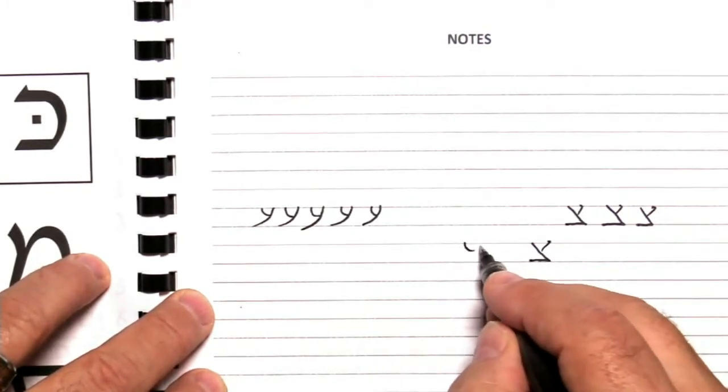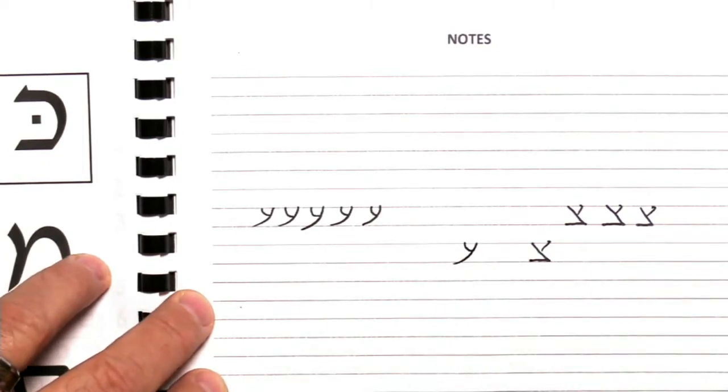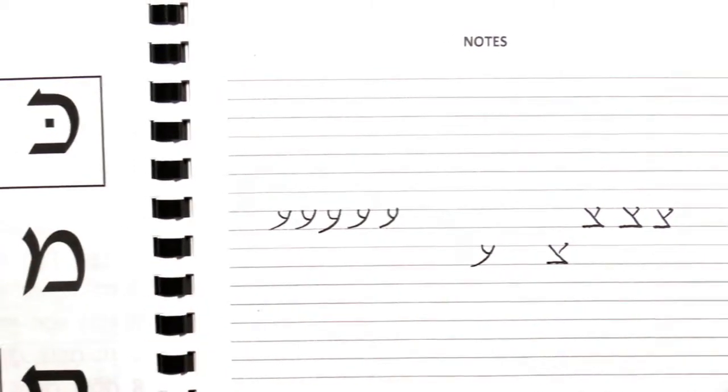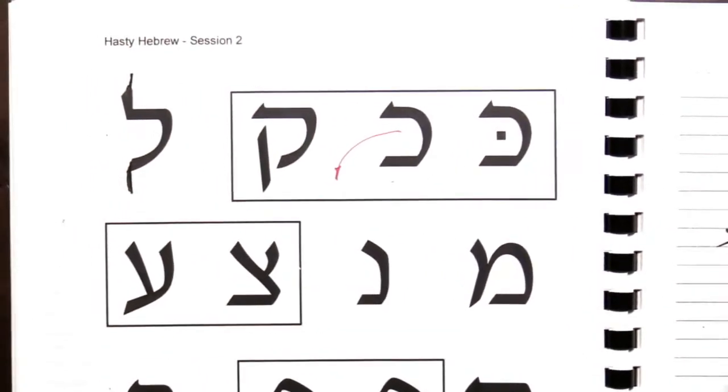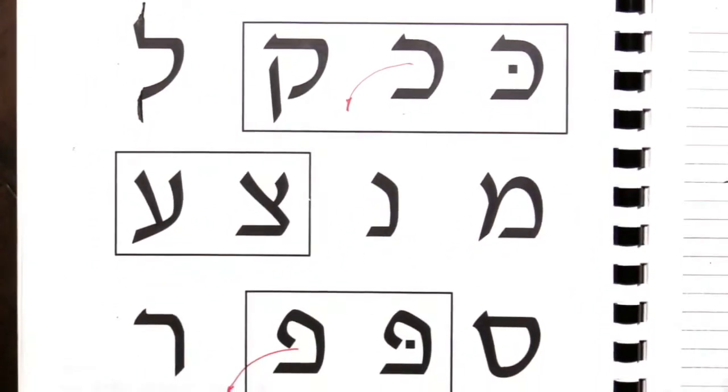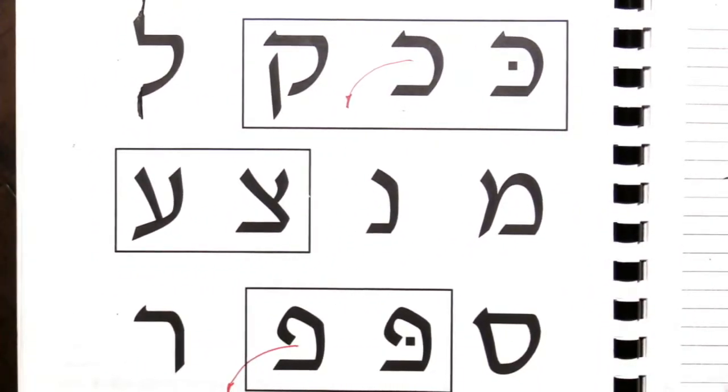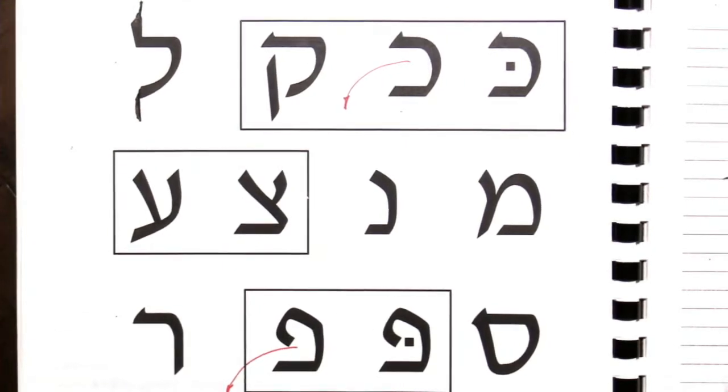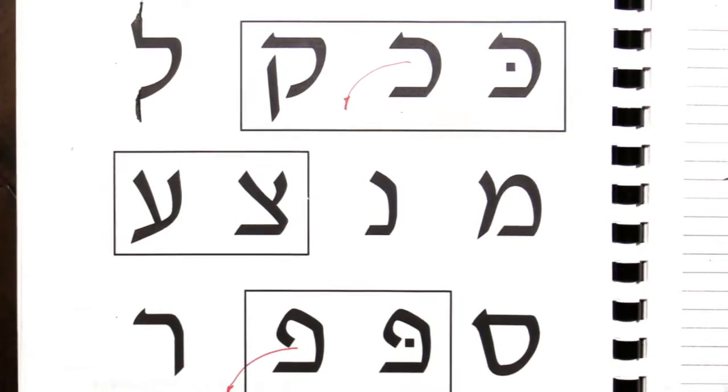This one, you come down this way, and down this way. They are similar enough that you'll probably get confused. Don't feel badly if you do. Everybody does.